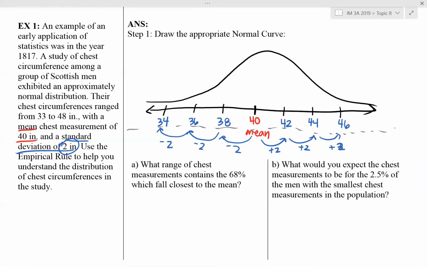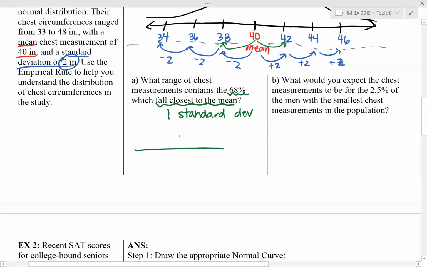What range of chest measurements contains the 68% which fall closest to the mean? If we look at the empirical rule, 68% fall closest to the mean, within 1 standard deviation. So that means that we go up one and we go down one to find the middle 68%.